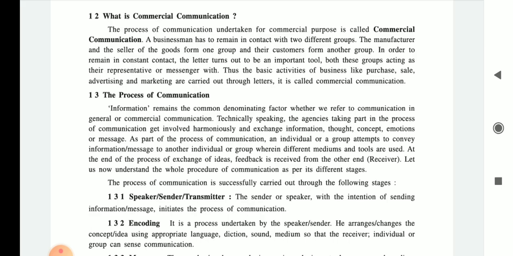Because if they are untouched with any kind of group, they won't get any particular information. As far as your study and your situation is concerned, you also have to stay tuned to two groups.